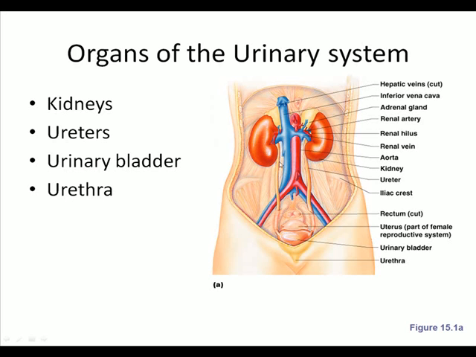These tubes are called the ureters, down to the bladder. The urinary bladder is fed by a ureter from each kidney. The bladder is really a storage place for urine, and then from the bladder, urine can be emptied out of the body through the urethra.